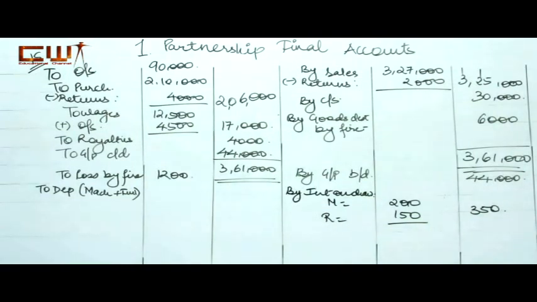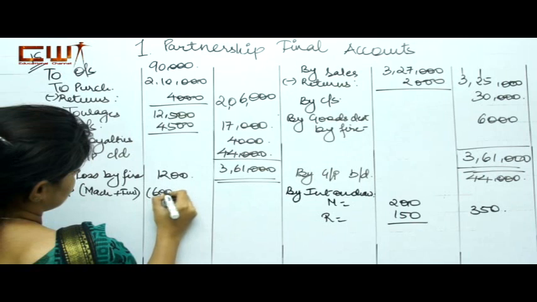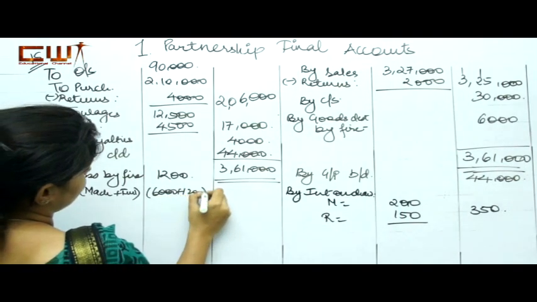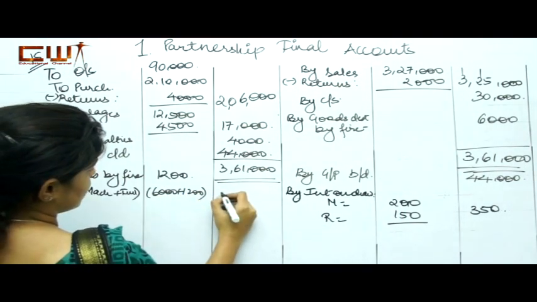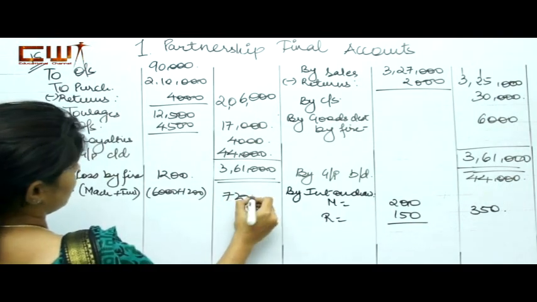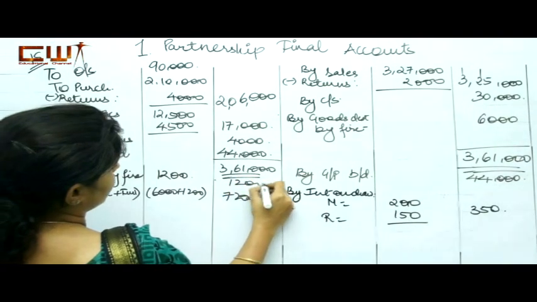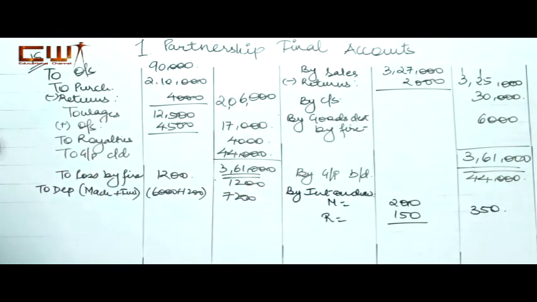And for furniture, the amount given is 30,000, so you have to calculate 4% on furniture. So you have the depreciation as 6,000 and 1,200, which makes 7,200, and loss by fire is 1,200.